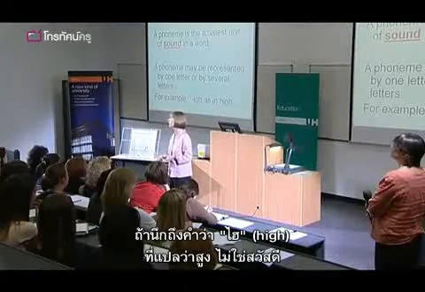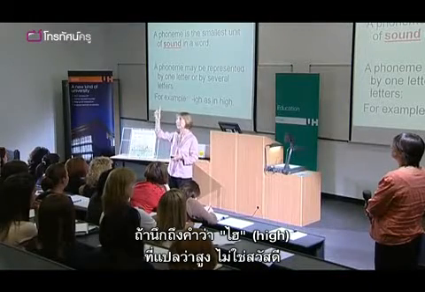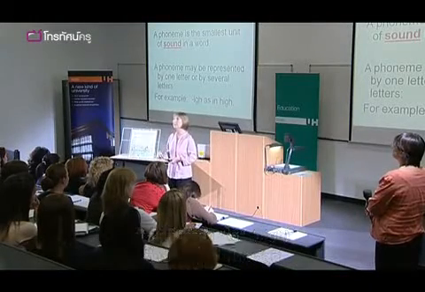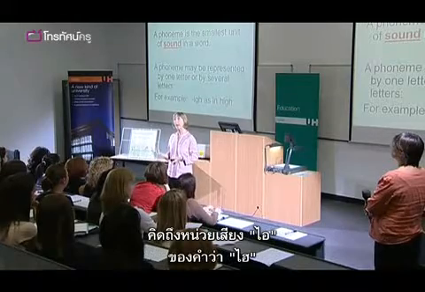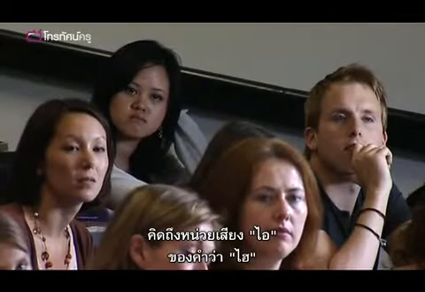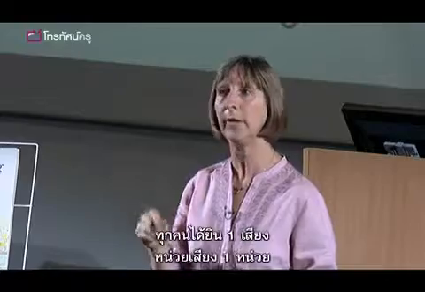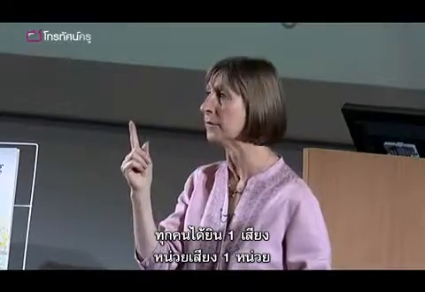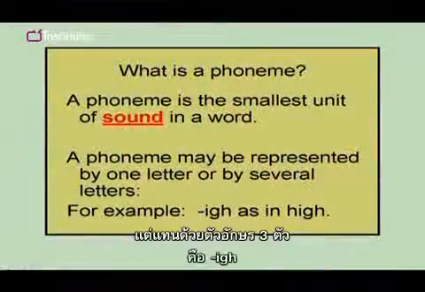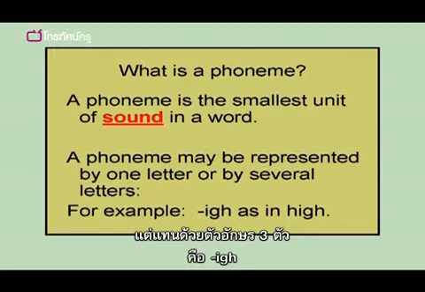If you think about the word high, up high, and you think about the I phoneme in the word high, you hear 1 sound, 1 phoneme, but it's represented by 3 letters, I, G, H.